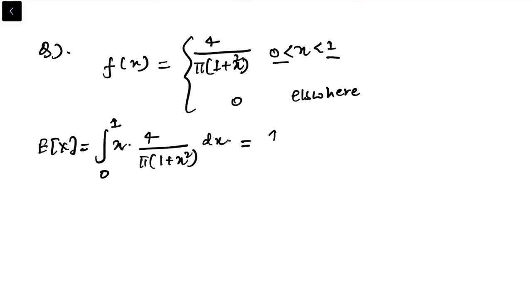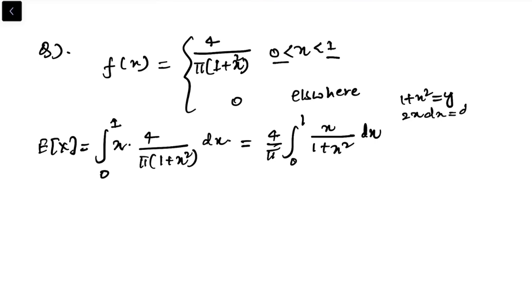We can bring 4 over pi outside of the integration, so the remaining terms are x over 1 plus x squared dx. Now for this kind of integration you need to use the substitution method. So let's substitute 1 plus x square with y, and let's differentiate this. 2x dx equals dy.